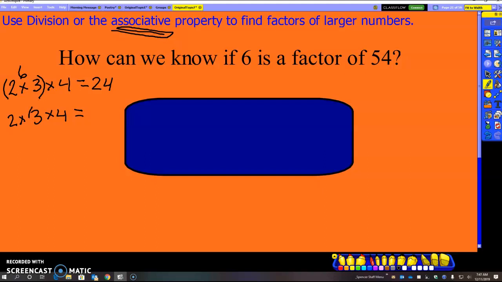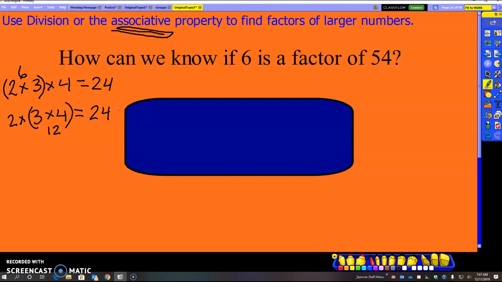Down here, we can associate this equation a little differently. We can say the 3 and the 4 are going to be our first step. So 3 times 4 will get us 12, and 12 now times this last factor of 2 still gets us 24. So this idea that you can multiply and add in all sorts of ways.